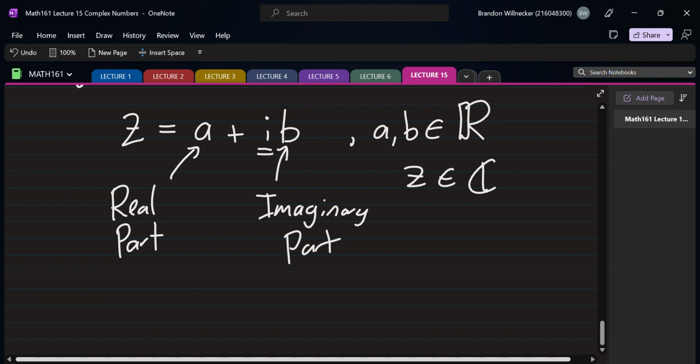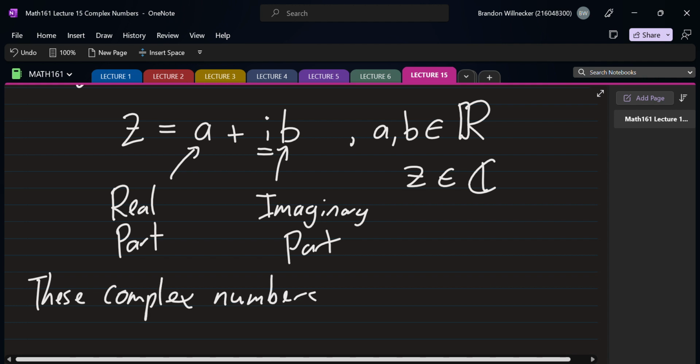Since we have these two parts to the number, these complex numbers z actually form a two-dimensional number system.